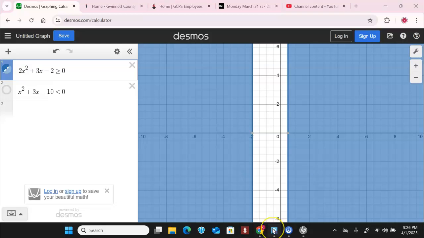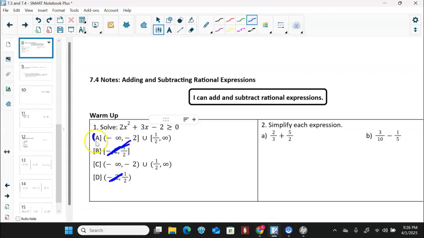So it's greater than or equal to, which makes brackets. So it is going to be A, all right?